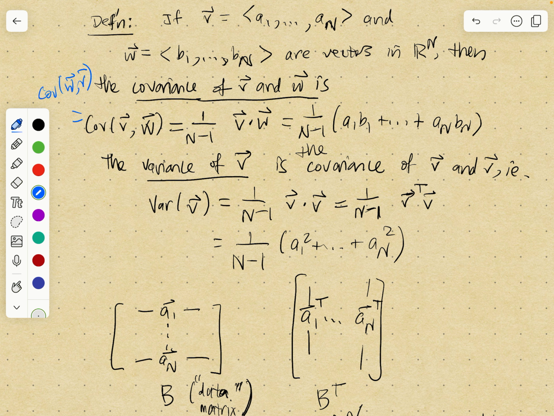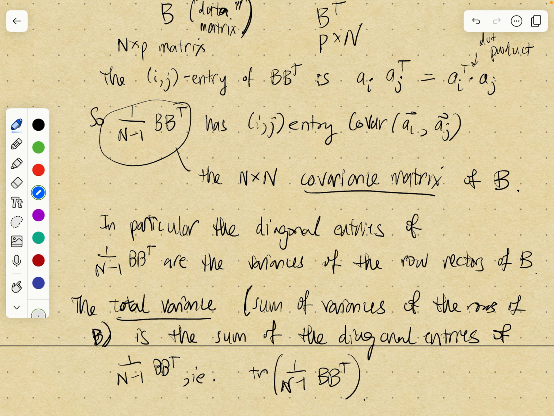V dot W is the same as W dot V. Well, what does that tell you about this covariance matrix? The ij entry is the covariance of AI and AJ, but that's the same as the covariance of AJ and AI. And so that tells you that the ij entry is the same as the ji entry, and so this matrix is a symmetric matrix.